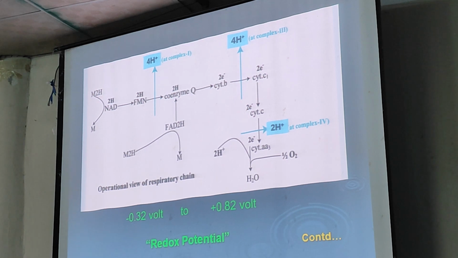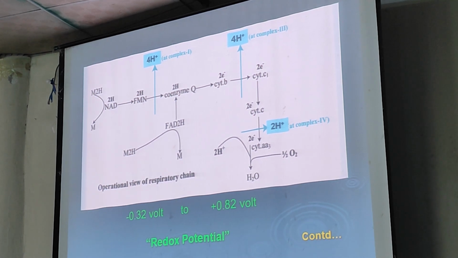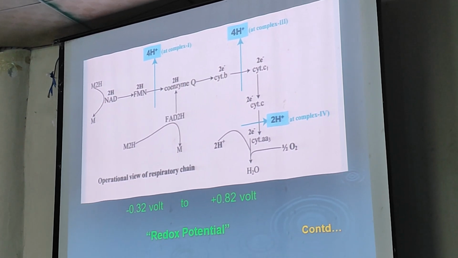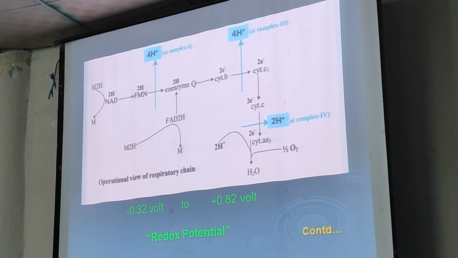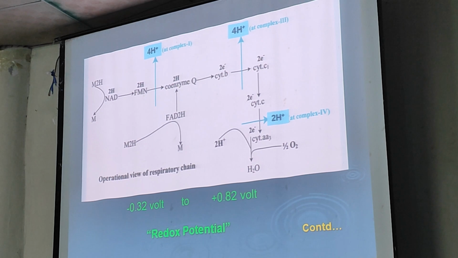And what happens with the two protons? These two protons will float over the body fluid, and these two protons will try to visualize the tracking of the electron. They try to understand what is the route of this electron movement, and they will follow that route. So the route of electron movement is from coenzyme Q to B, C1, C, and ultimately AA3.